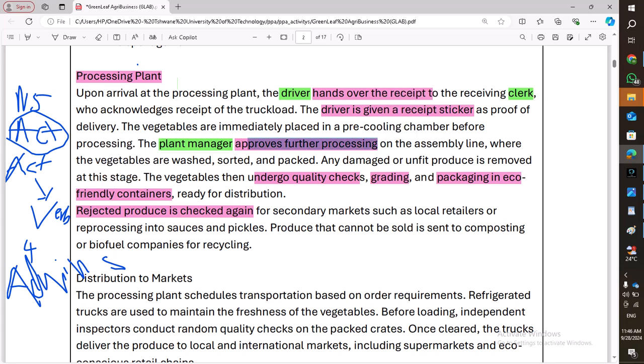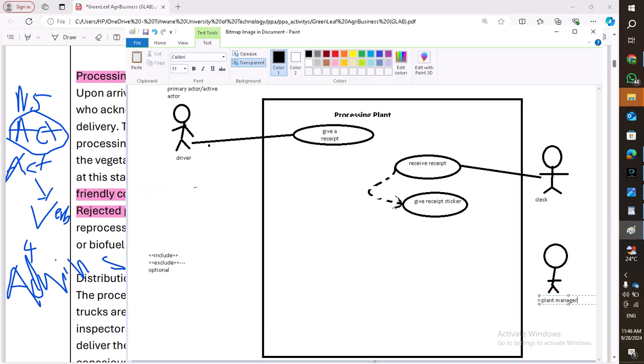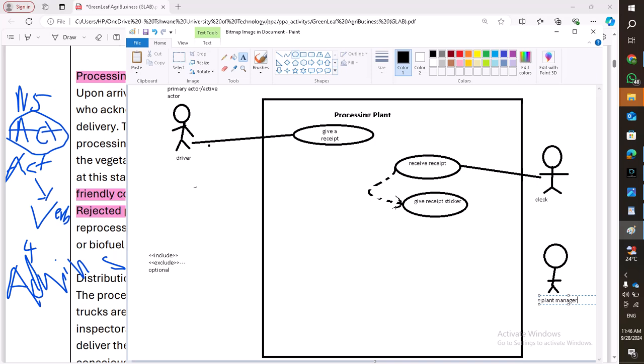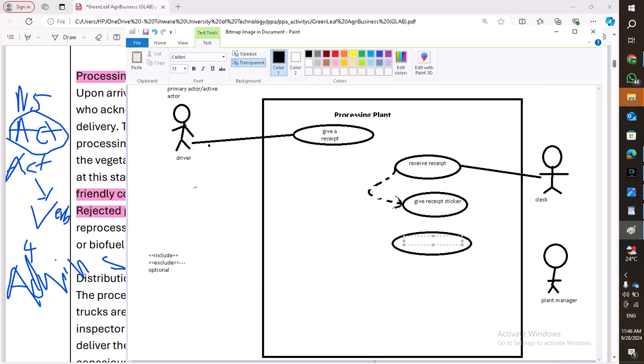Okay, we will go and add our use case, approve processing.